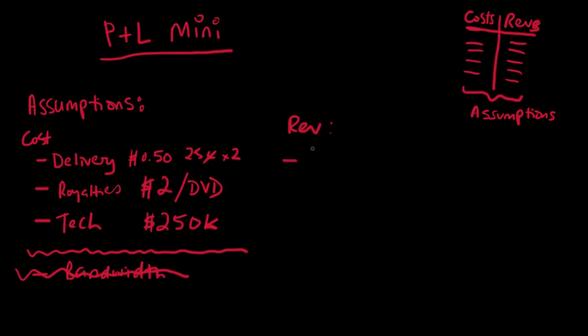So what revenues do we have here? We have monthly subscriptions. I'm going to call that $10. We've got number of subscribers. So we're going to want to stagger this. So let's say in our first 12 months, let's break it down into 4.